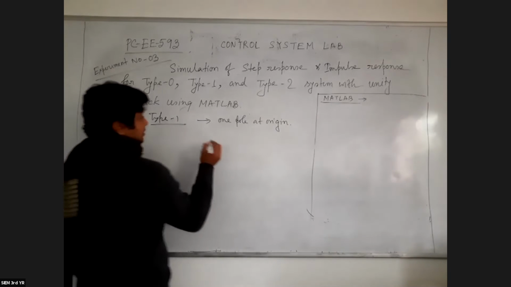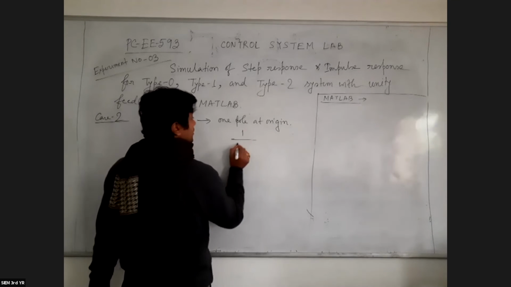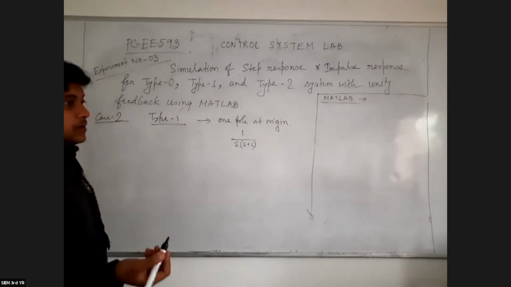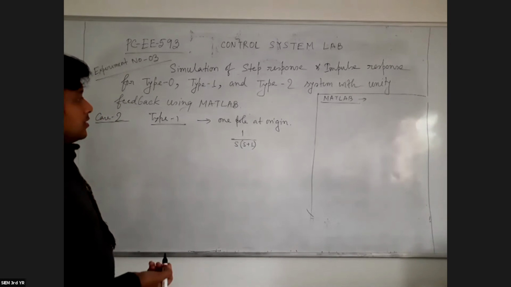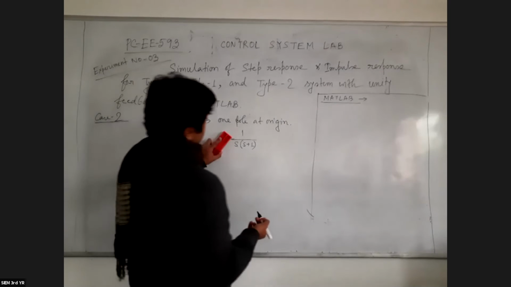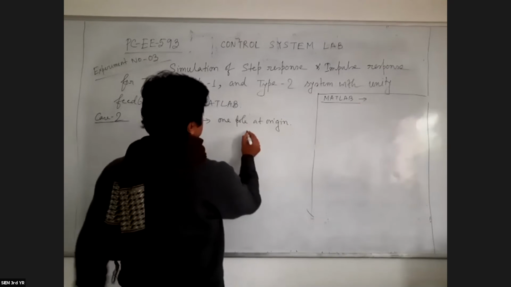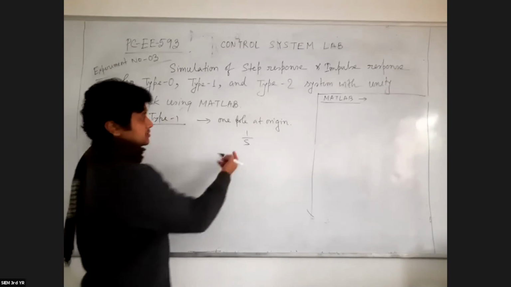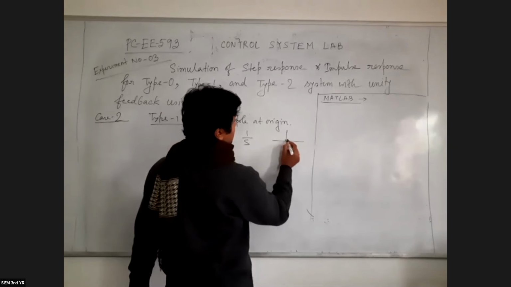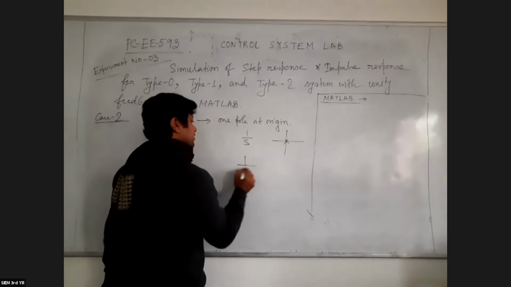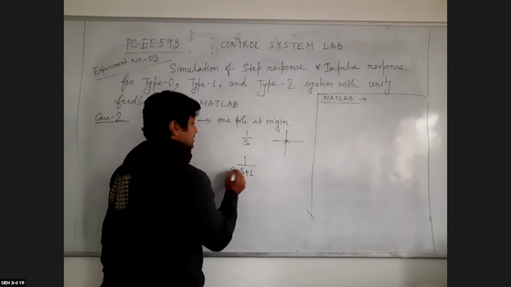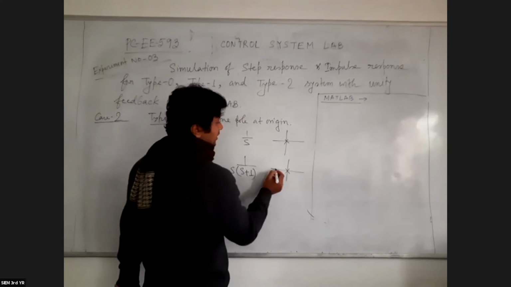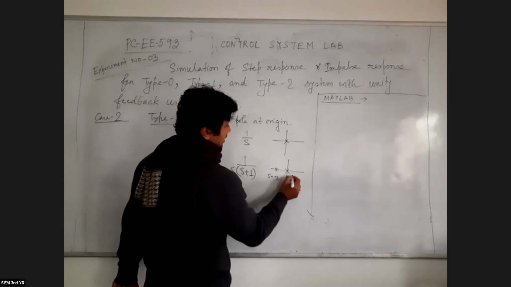That means let the system be 1 by s into s plus 1, or 1 by s. If you take 1 by s into s plus 1, one pole is present at the origin, and another pole is present at s equals minus 1.